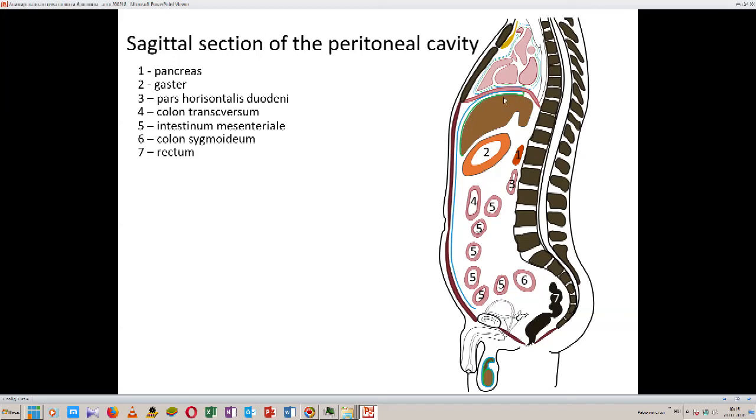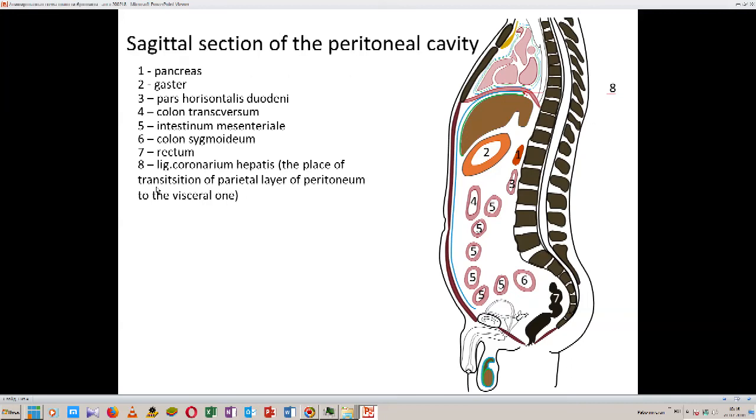Now we covered the diaphragmatic surface of the liver, and now we can understand that number 8 is ligamentum coronarium hepatis, the place of transition.